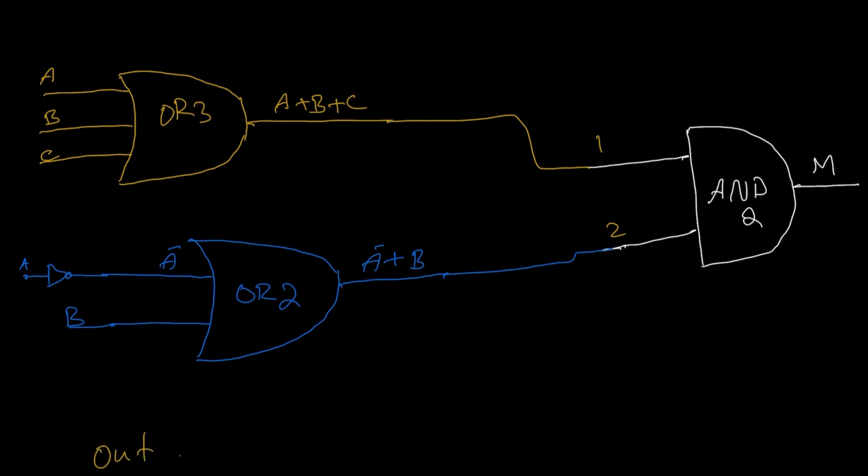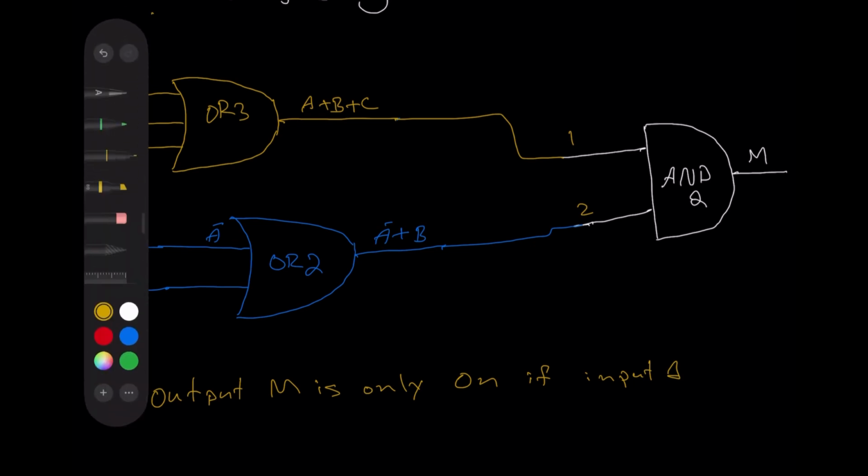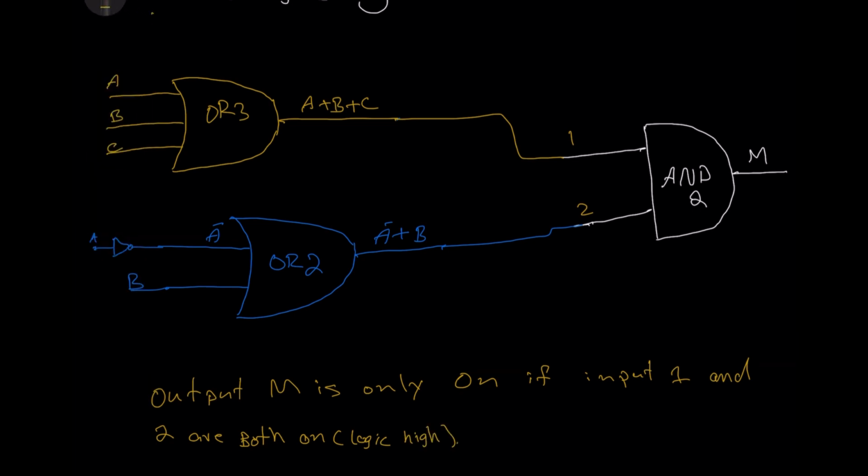Output M is only on if input 1 and 2 are both on, or logic high. So if either one of these is off, this will never come on.